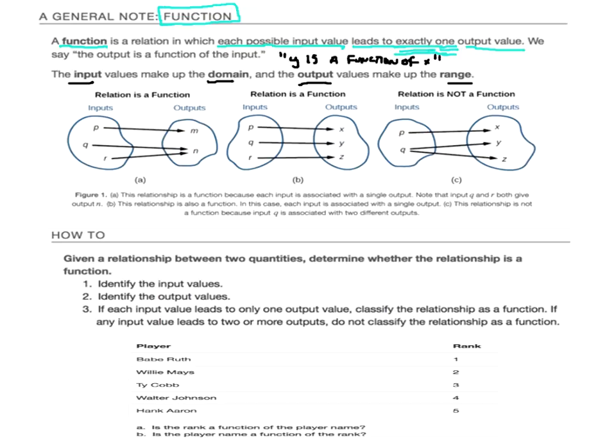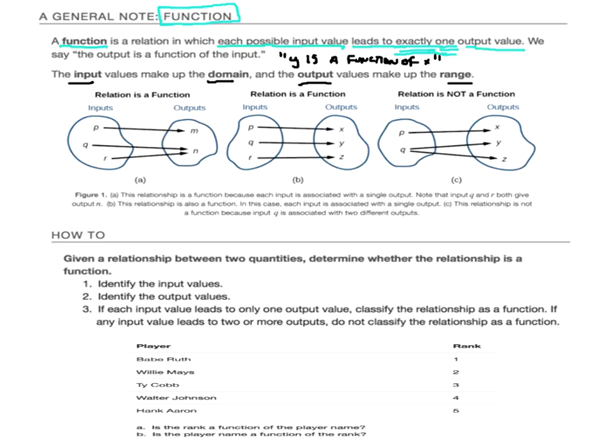For example, I did not send P also to N, sending P to two different places. If I sent P to two different places, it would no longer be considered a function. So for a relation to be a function, each input can only send to one and only one output.